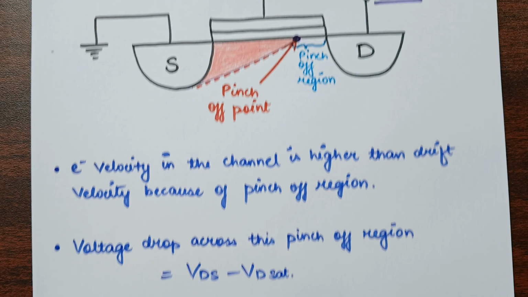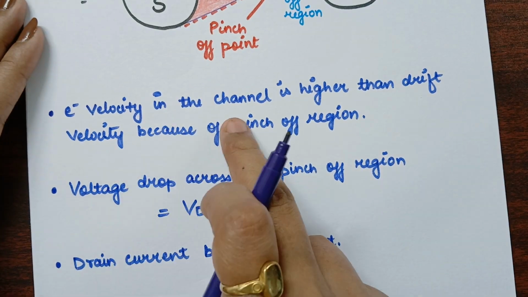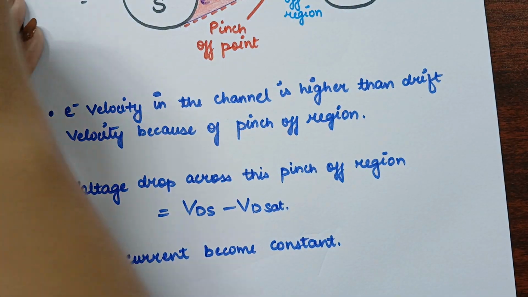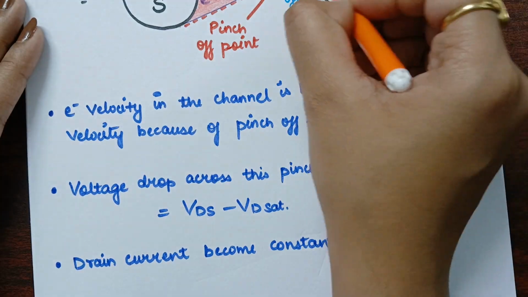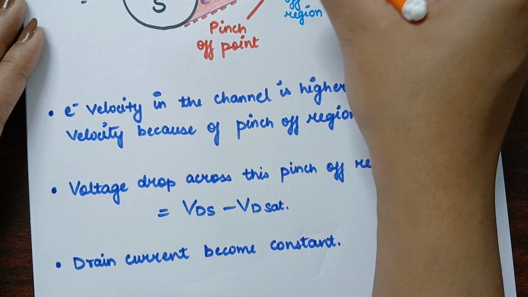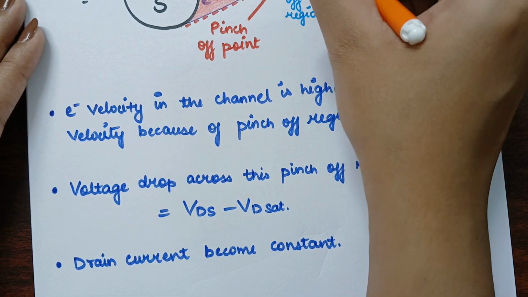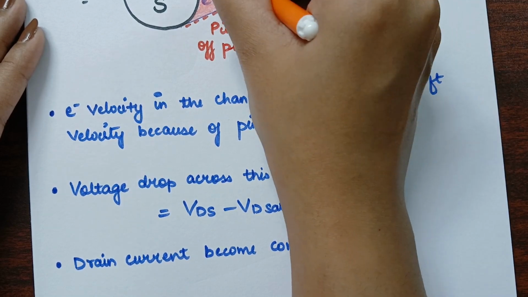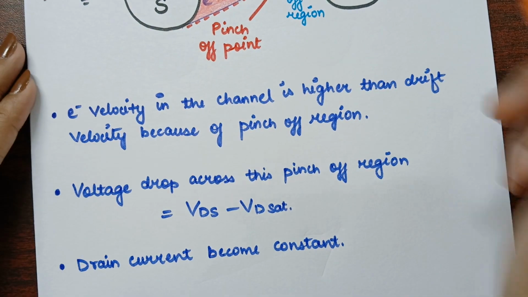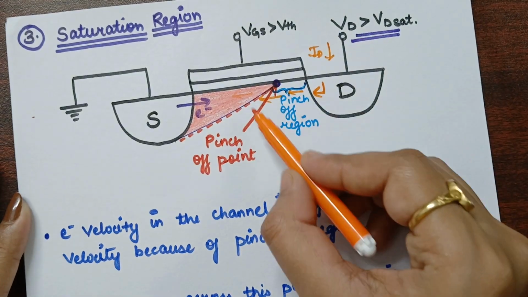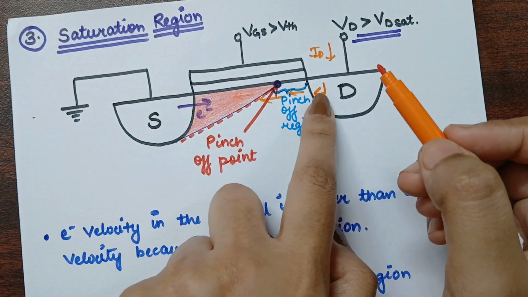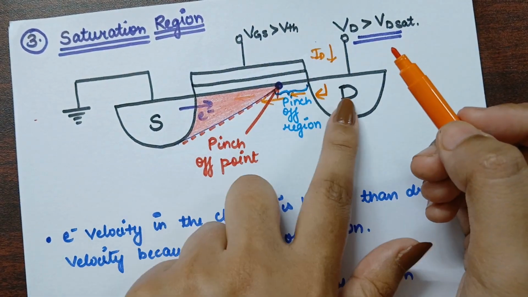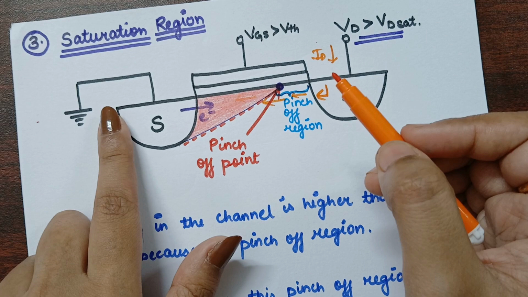Now the electron velocity in the channel is higher. The electrons are moving from here, whereas the ID current is moving from here. As you can see, there is no channel present, so there will be no medium for the ID current to flow from drain to source.